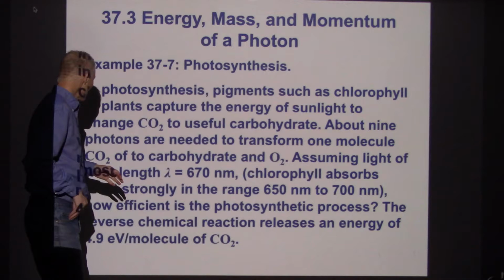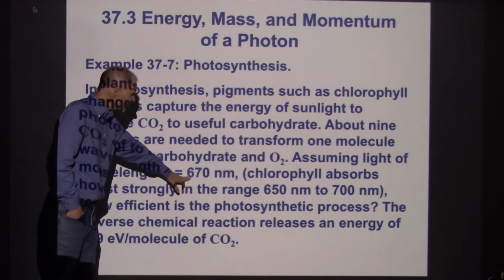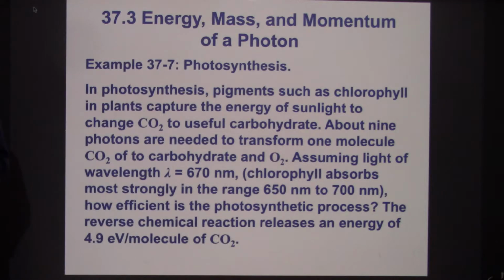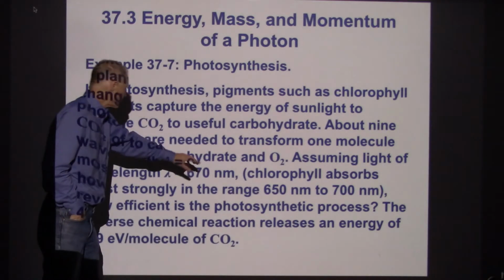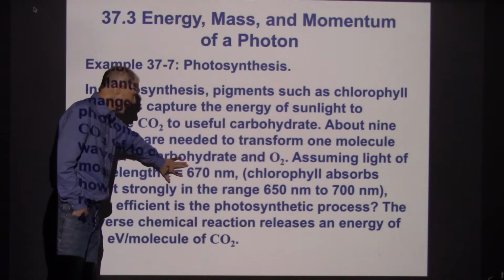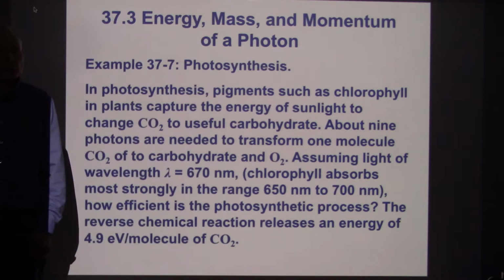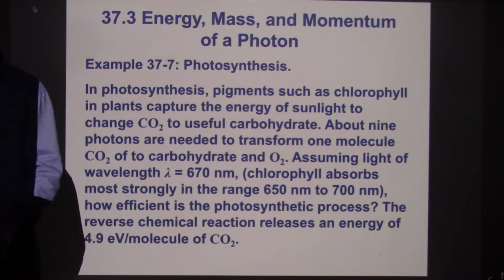It says that surprisingly, photosynthesis is using photons of relatively low energy. The photosynthetic mechanisms in plants, chlorophyll absorbs near the red end of the spectrum. So we're going to take 670 nanometers as kind of a representative wavelength.